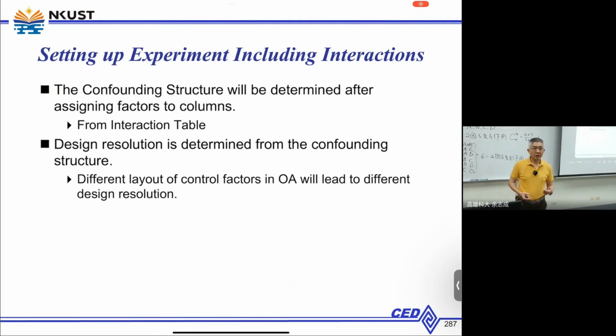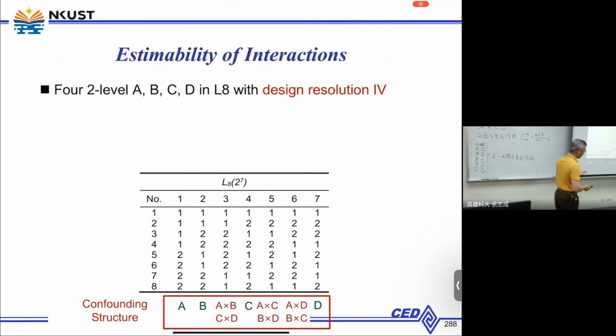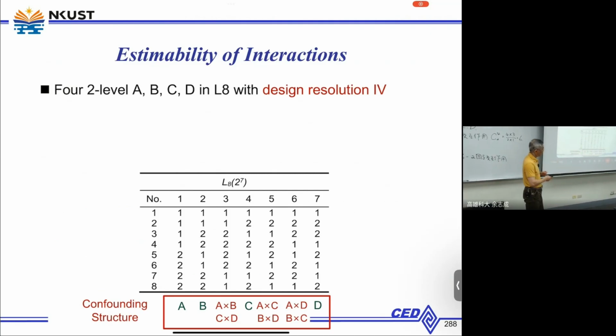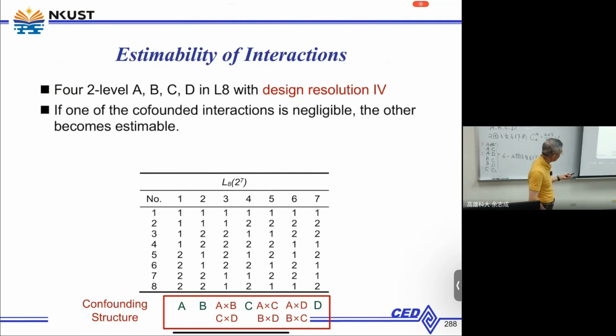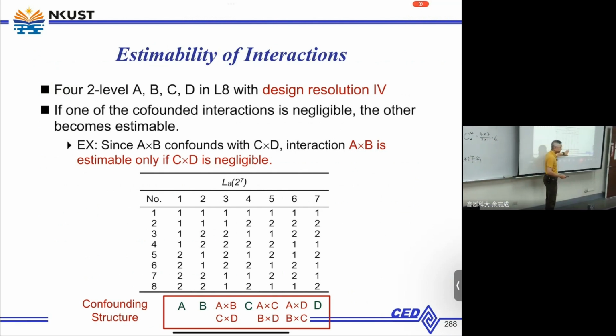Then you can determine the design resolution for your arrangement. Just like here, as we talked about before, this is an arrangement where you put A, B, C, D in 1, 2, 4, 7, and the resolution will be 4. So here, if one of the confounded interactions is negligible, the other becomes estimable, which means that, for instance, here, these two are confounded with each other.